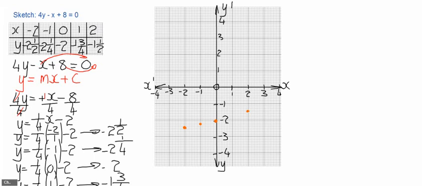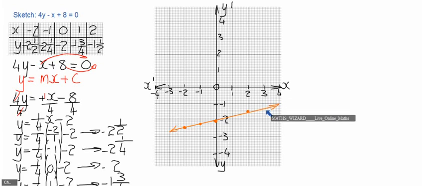So, to draw the graph, it's going to be a straight line going through those points, and we put arrowheads on for the reason that they never gave me the x restrictions, in other words a restriction on the domain. There was no domain restriction, so you are allowed to put these arrowheads onto your straight line.